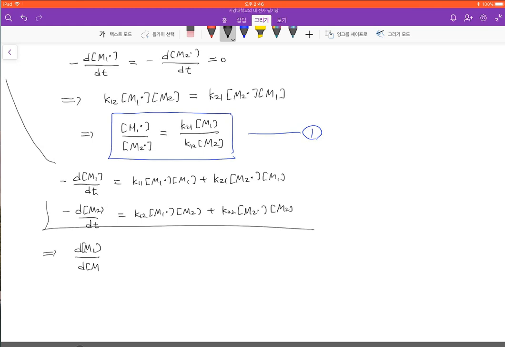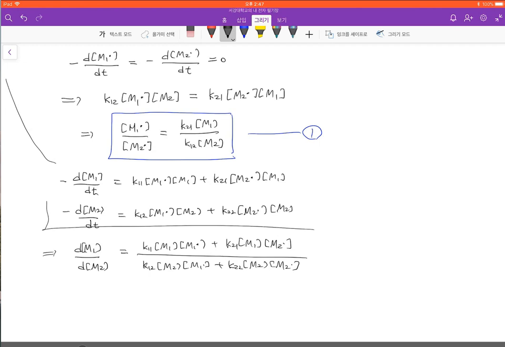If you divide the first equation by the second one, then you get dM1 over dM2, which is equal to K11 M1 M1 dot plus K21 M1 M2 dot over K12 M2 M1 dot plus K22 M2 M2 dot, right?